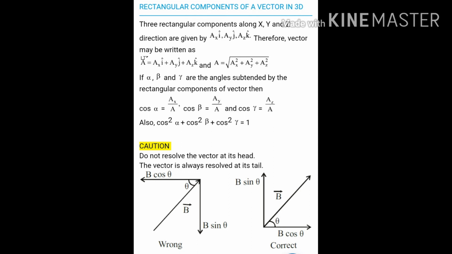If alpha, beta and gamma are the angles subtended by the rectangular components of the vector, then cos alpha is equal to ax upon A, cos beta is equal to ay upon A and cos gamma is equal to az upon A. Also, cos square alpha plus cos square beta plus cos square gamma is equal to 1.